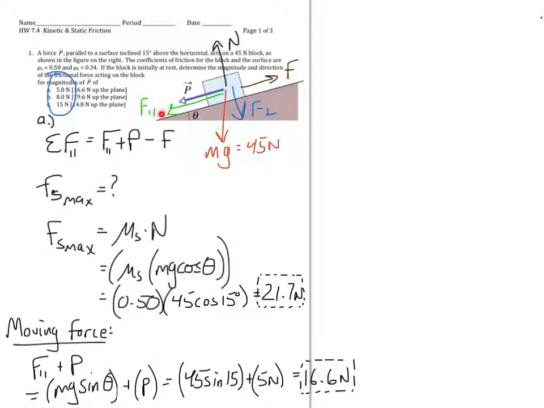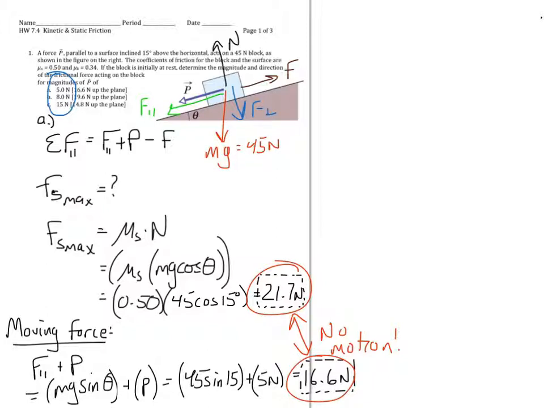But because of the coefficient of static friction and because of the normal force that is naturally applied into the ramp because of the weight of it, there is up to 21.7 newtons of static friction. So the question is, is it going to move or is it going to not move? And the answer is no. It's going to not move. No motion. Because that is greater than the downhill parallel force.